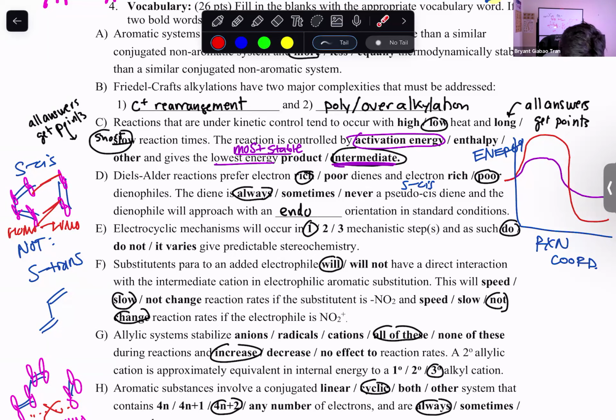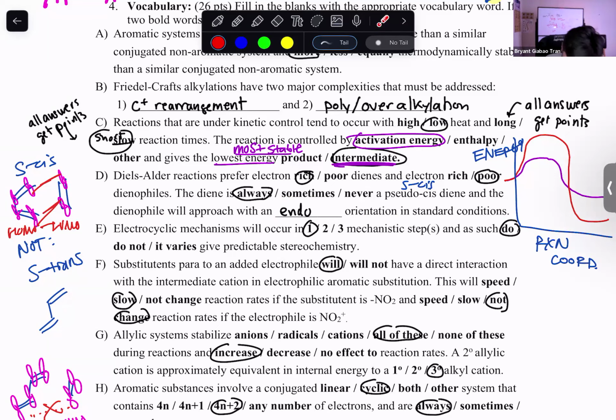And the dienophile will approach in the endo orientation in standard conditions. Yes, in room temp. In high temp, high energy, it's going to reach for the thermodynamic product, right? Which is the exo product. But in standard conditions, like with normal temp and normal everything, well, actually, yeah, you still put in heat, but not extreme heat, not extreme energy and time, right?